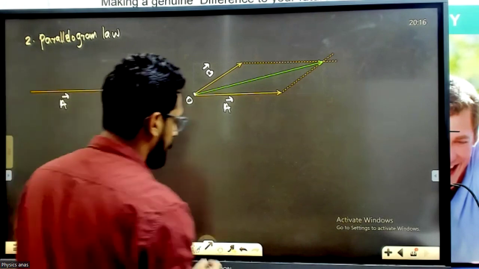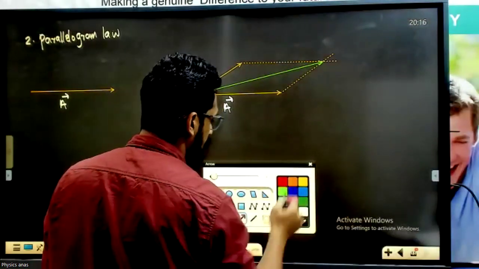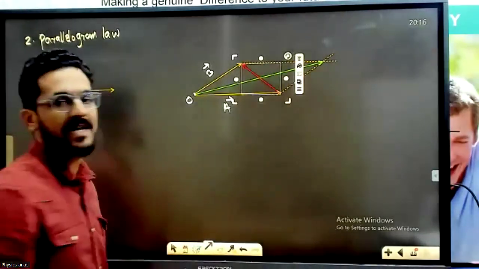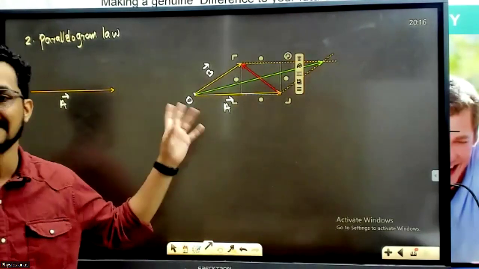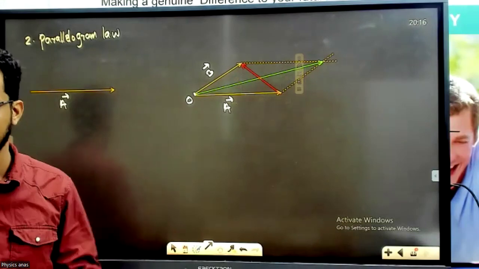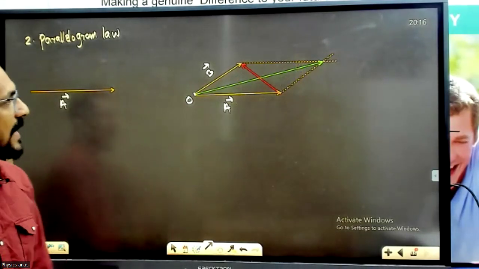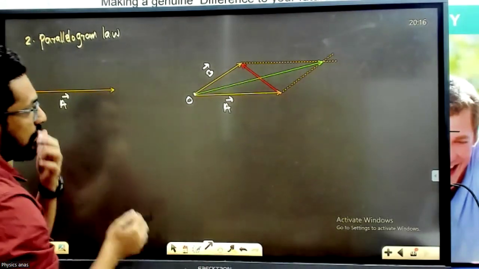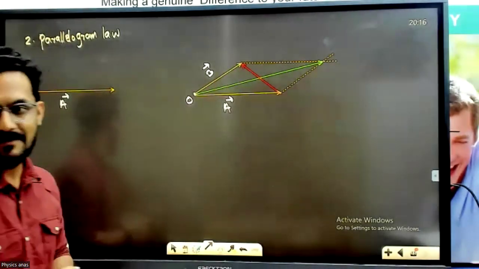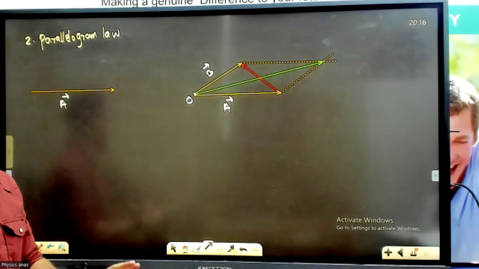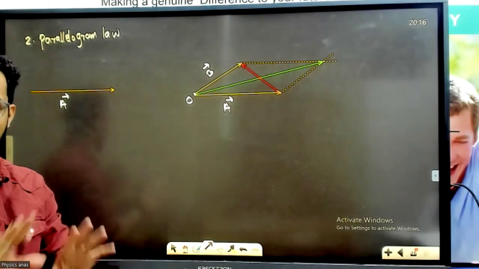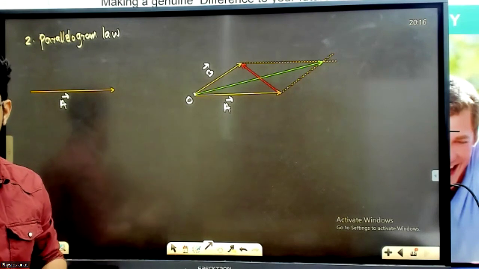There is another diagonal. You can show another diagonal here. This is also a diagonal, but that diagonal is not the resultant. Why? I can show you why. Because this is a parallelogram, right? In that parallelogram, there is actually the triangle law of vector addition hidden in it.